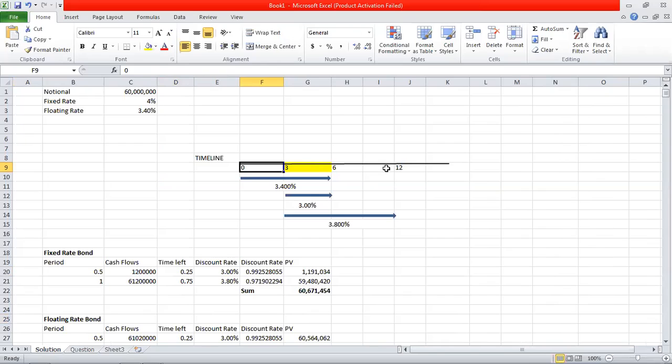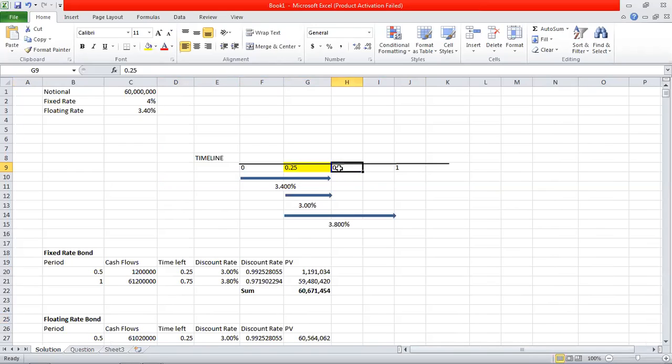This is a timeline drawn in terms of months: month 0, month 3, month 6, month 12, or else I can also denote it as 3 divided by 12, 0.25, 0.5. I'm just converting them because it's easier to work with these numbers. So with the IRS, we are at some point over here, at period 0.25.